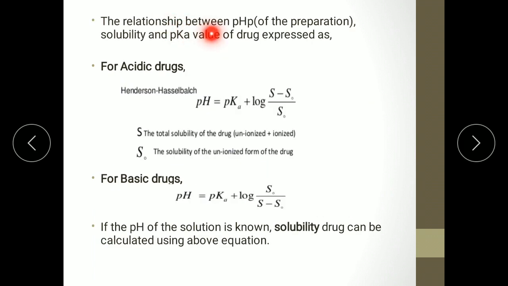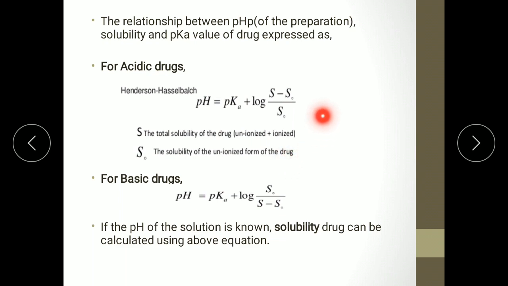Now the relation between pH of the preparation, solubility, and pK is expressed by using the Henderson-Hasselbalch equation. For an acidic drug, pH = pK + log((S - S0)/S0), where S is the total solubility of the drug, that is unionized plus ionized, whereas S0 is the solubility of the unionized form of the drug.